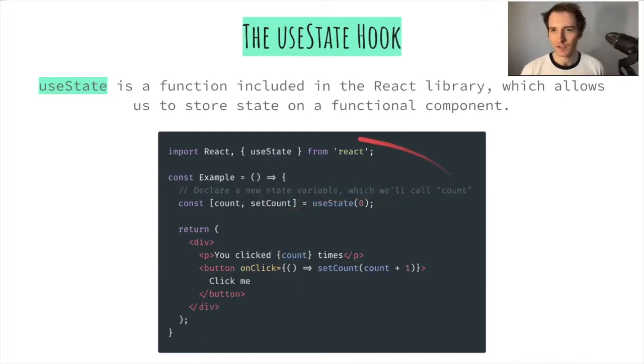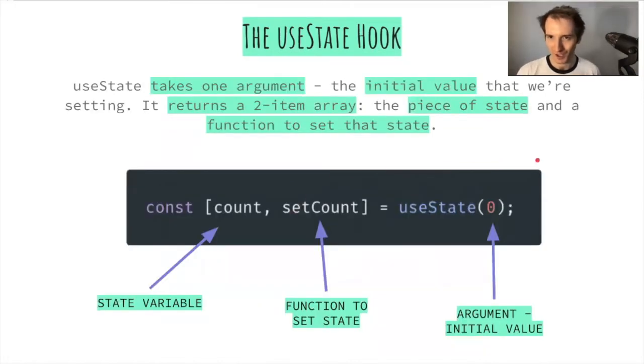Okay, so the way that useState works is that calling useState with some initial value will give us back a 2-item array. The first item in the array is a piece of state that we can put something into. And the second item is a function that we can use to set that state. And we could have called these variables pretty much anything.